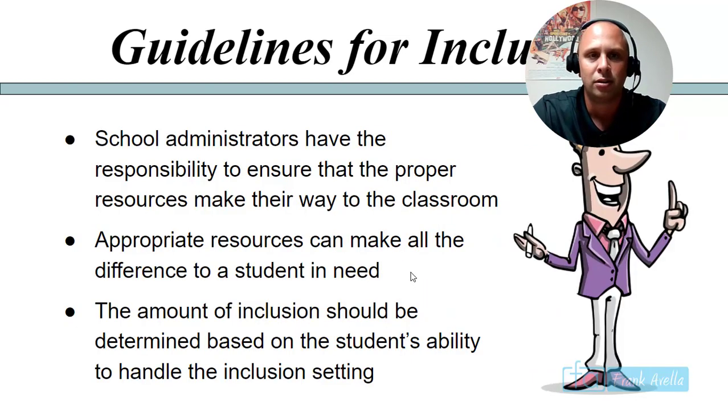School administrators have the responsibility to ensure that the proper resources make their way to the classroom. That's what they have to do. Appropriate resources can make a difference to a student in need. That's securing books, and it's not just books too.